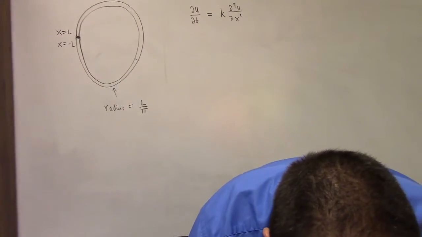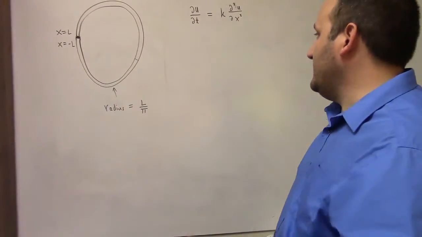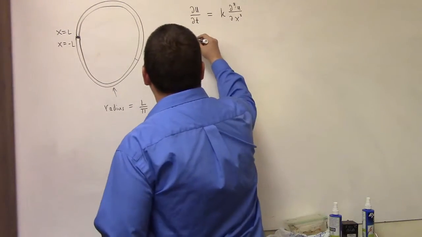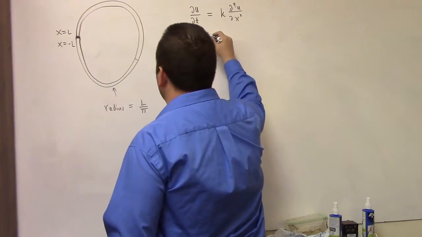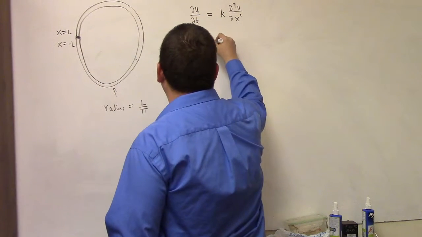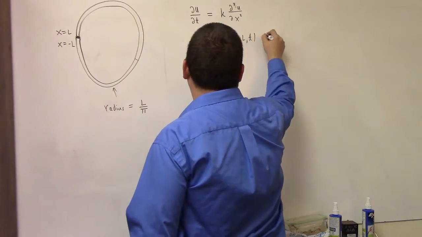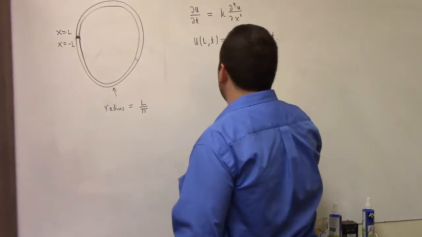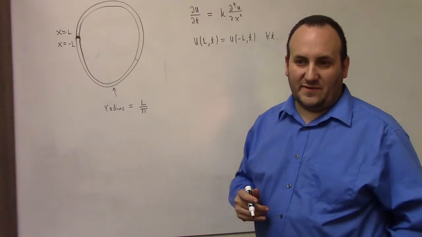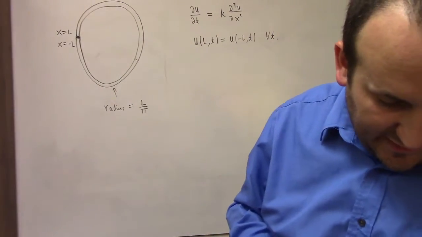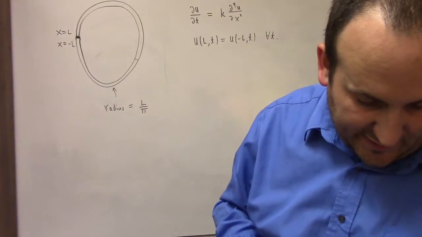All right, once you connect it, we have a boundary condition then, right? So basically, u of L comma t should be equal to u of minus L comma t for all t, because the temperature should match where it's joined. The temperature should be continuous there if it's in perfect thermal contact.